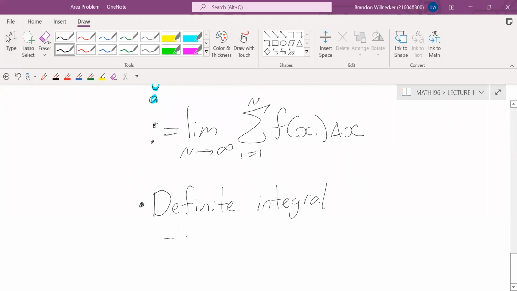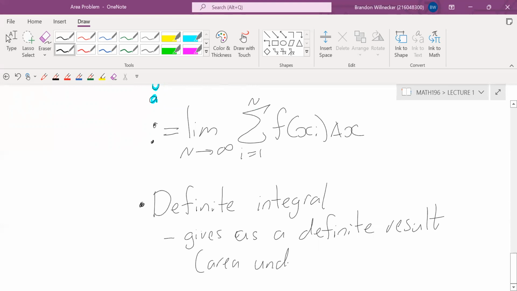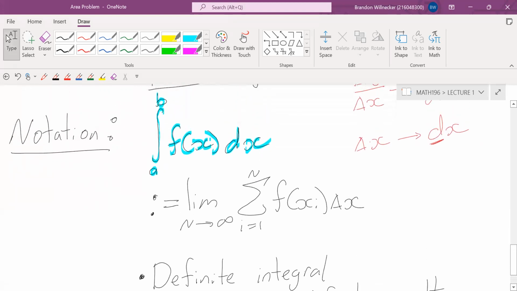So a definite integral gives us a definite result, in this case the area under the curve. So this thing in blue, we call a definite integral.